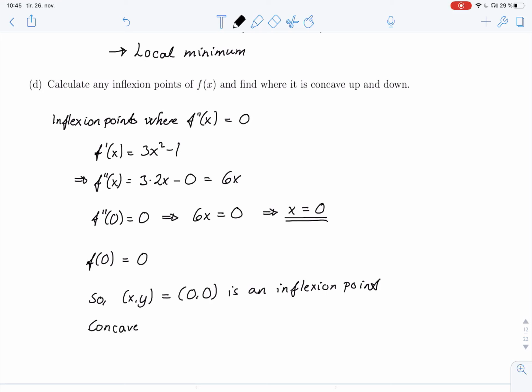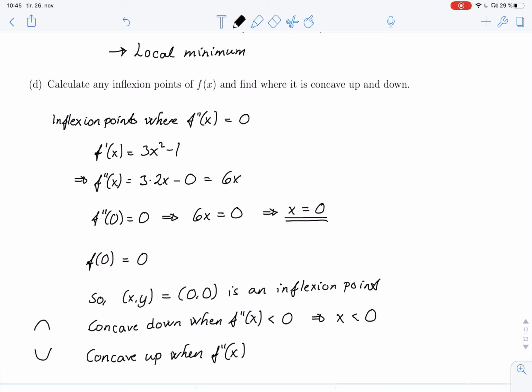Concave down. The graph is concave down when the double derivative, concave down means this, when the double derivative is less than 0, which basically means that x needs to be less than 0, and concave up when the double derivative, second derivative, is larger than 0, which means that x has to be larger than 0.